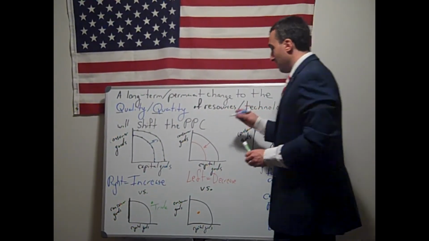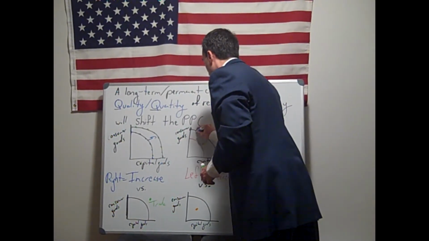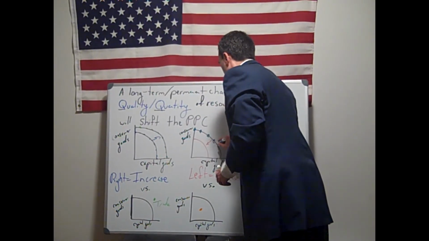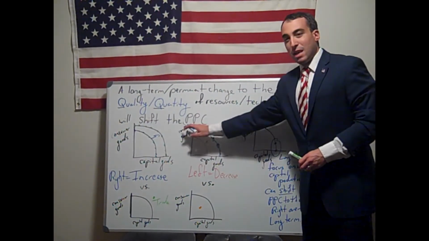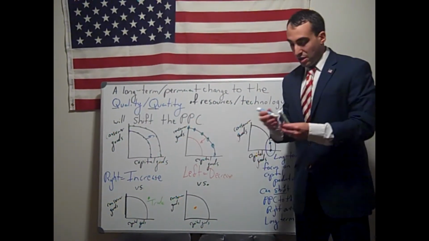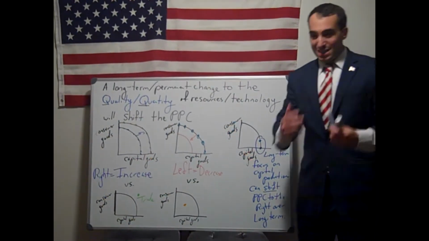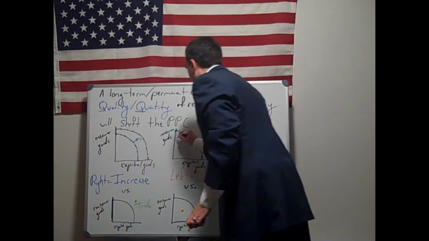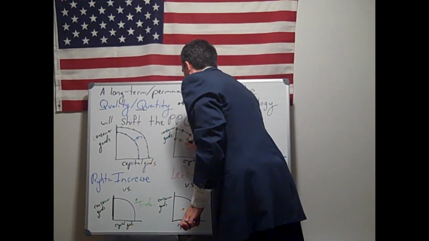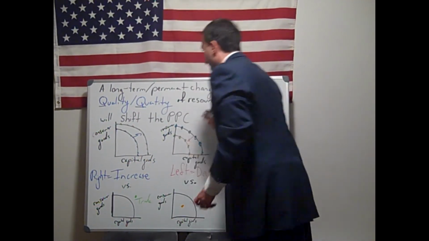Whereas we used to be able to produce over here, our greatest combination of goods and services, something negative happened, and there is now a shift of the curve to the left.